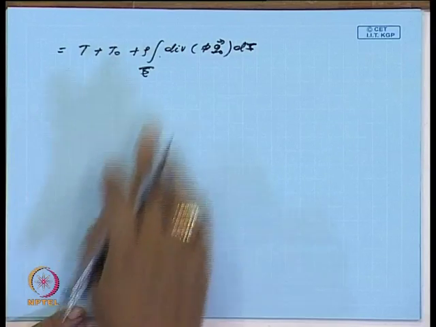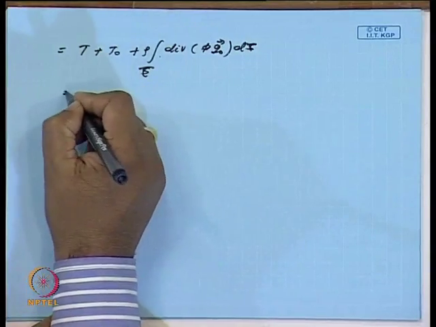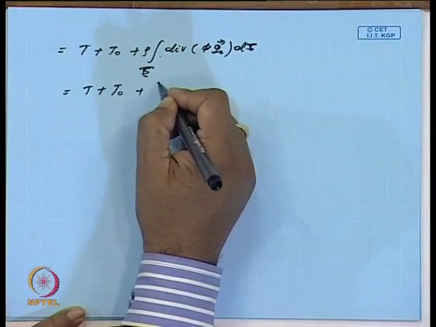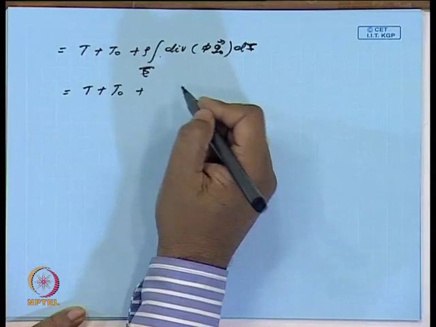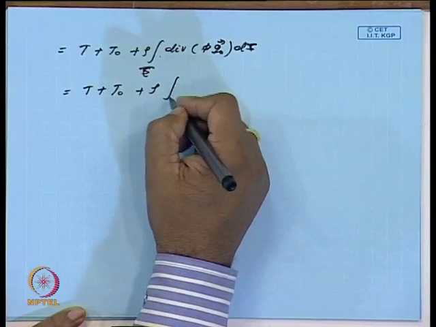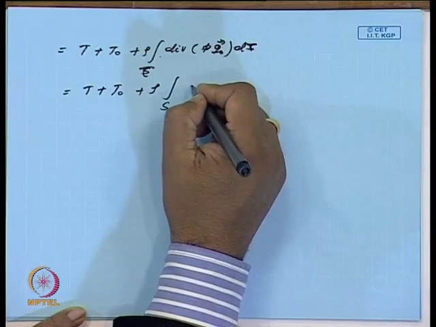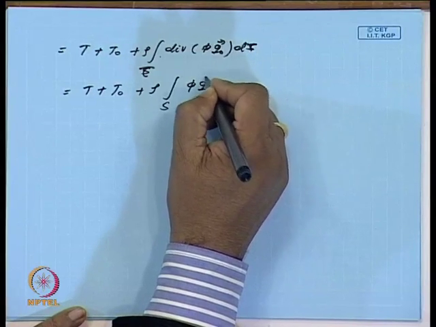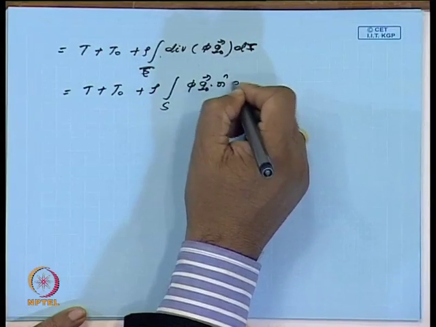And this one again, I can always write as T plus T naught plus rho integral over S of phi q naught bar dot n hat dS.